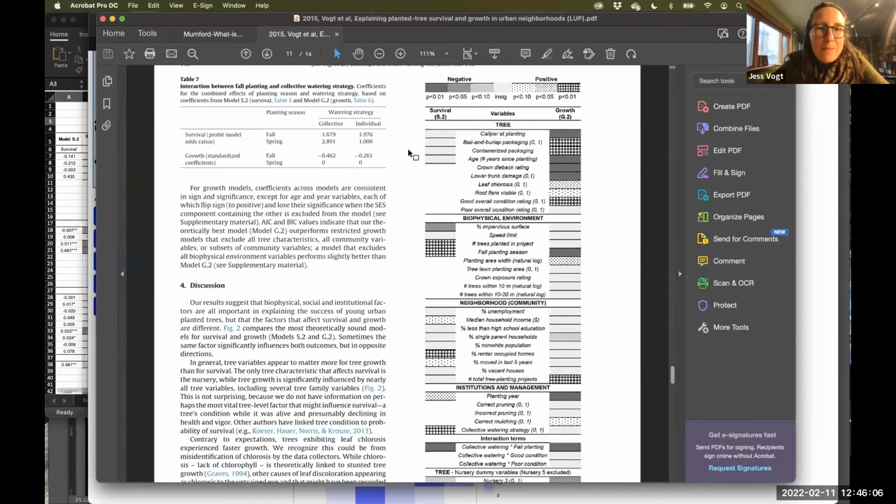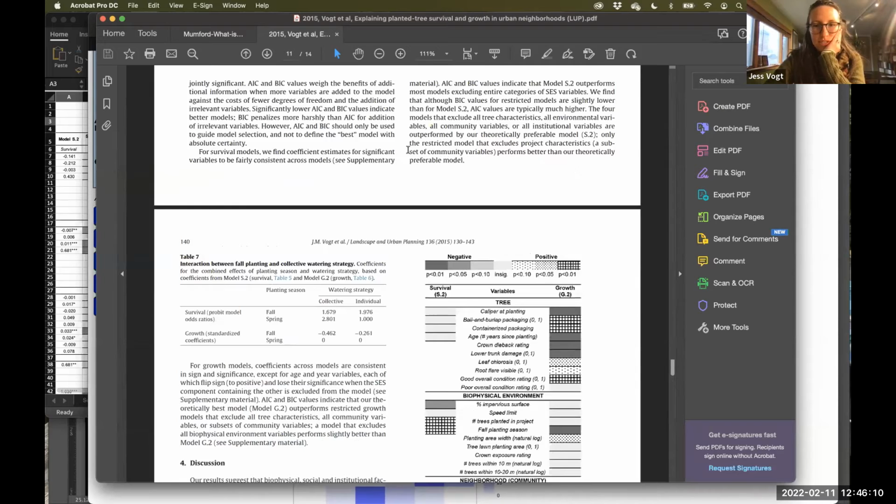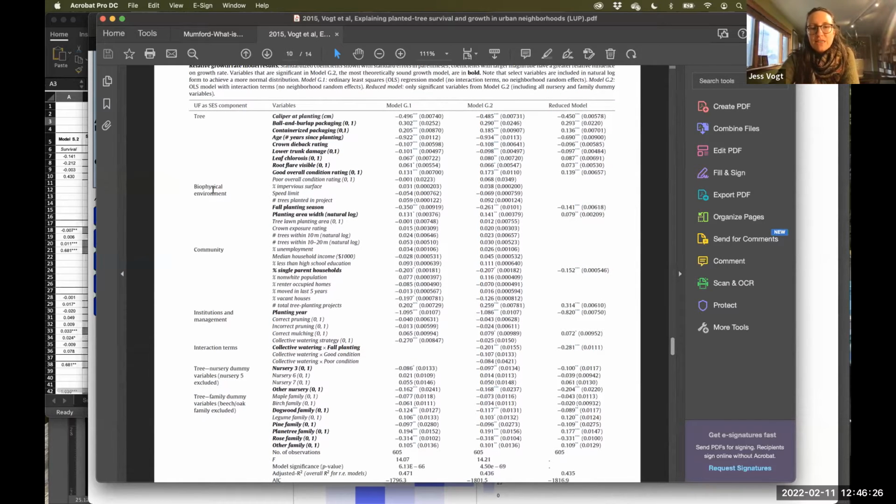This is one of my favorite figures. It's from a paper where we had a growth model and a survival model. This is a fairly typical way of presenting regression results, although everybody has a slightly different way, where you have a big list of variables. We had divided them into components to organize things more clearly.